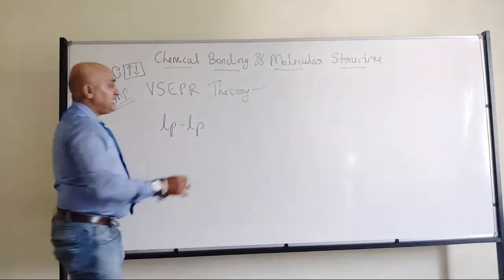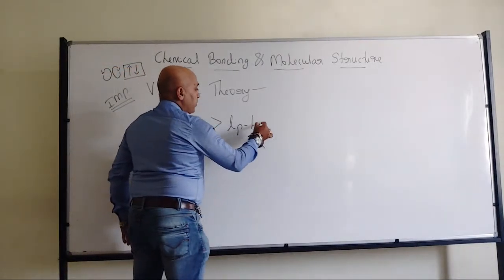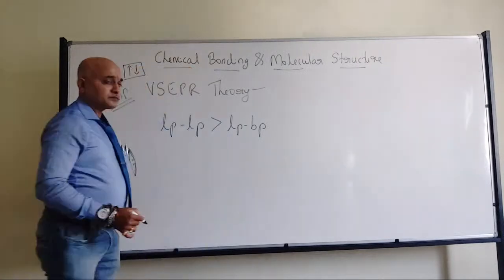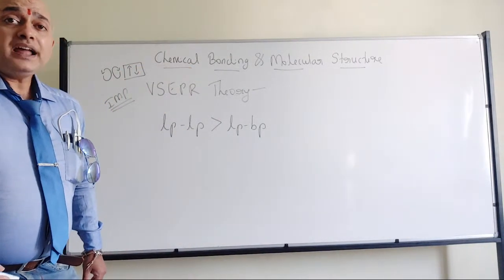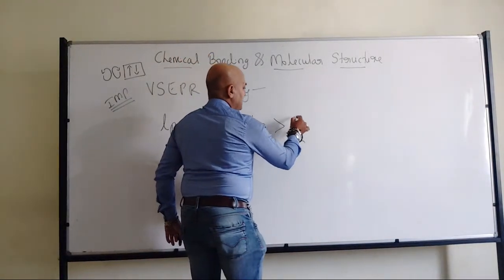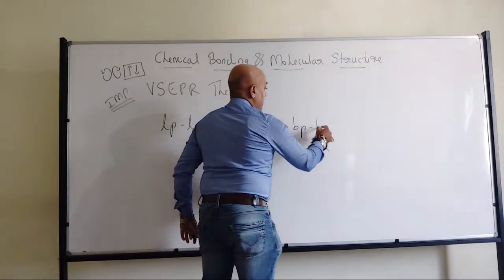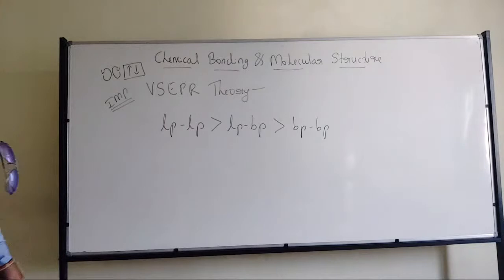Lone pair-lone pair repulsion will be high compared to lone pair-bonded pair repulsion. And that will be high compared to bonded pair repulsion. So what I mean to tell here is, you have to mention this along with the postulates at the end.